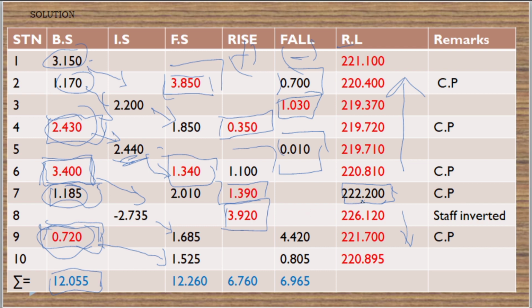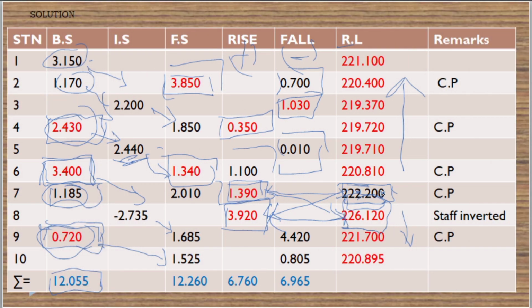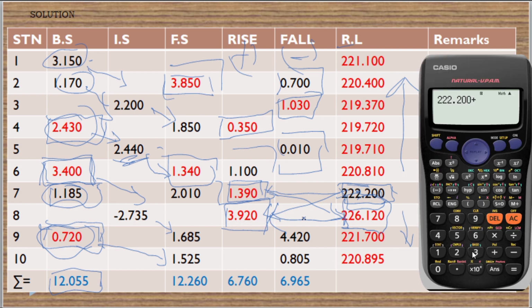So this is 222.2. This value, 222.200, was added to 3.922 in order for you to get 226.12.